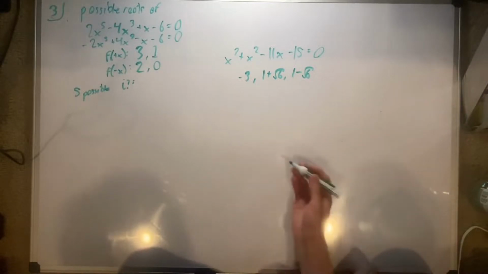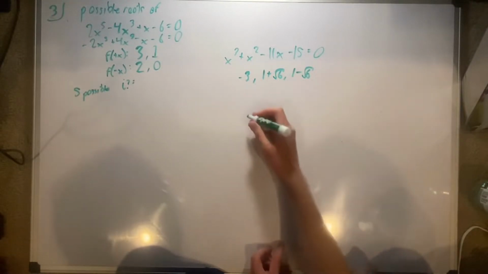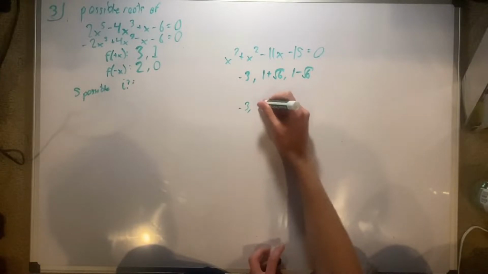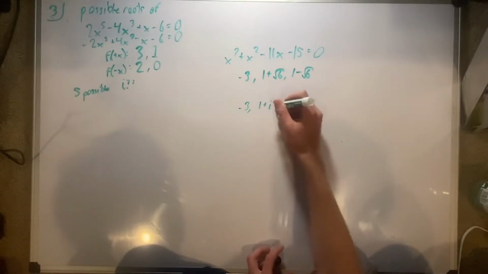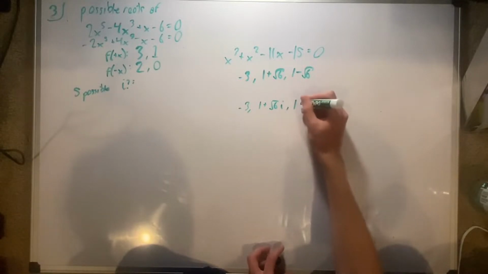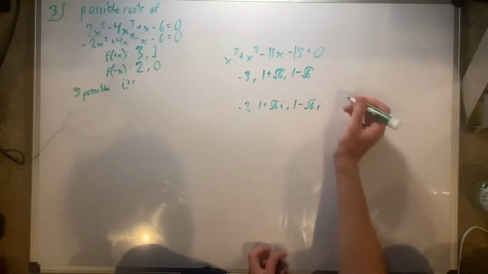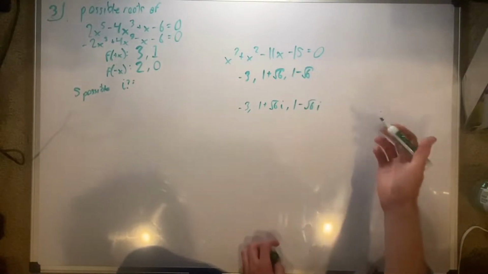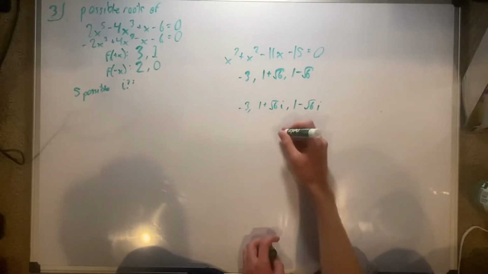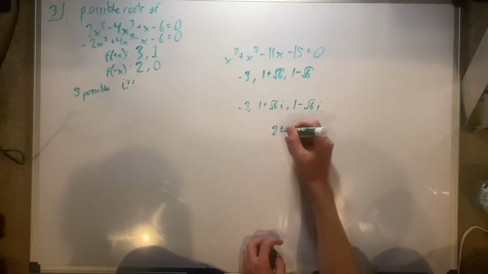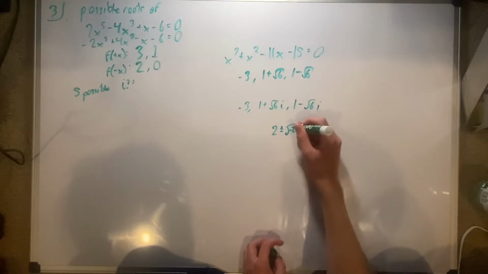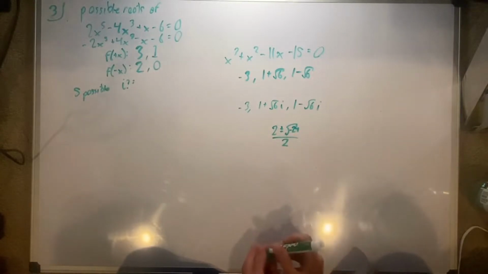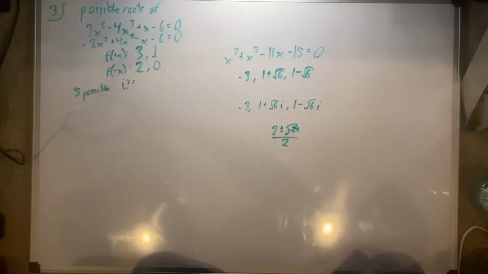Our rule for these complex numbers also applies, because there's a chance where, let's just say for a second, the roots of this were 3, and then 1 plus rad 6i, and then 1 minus rad 6i. This is just interpolating as if this were instead a different number, and we got, if you notice from the other problem, 2 plus or minus negative 24 over 2 in our quadratic formula.